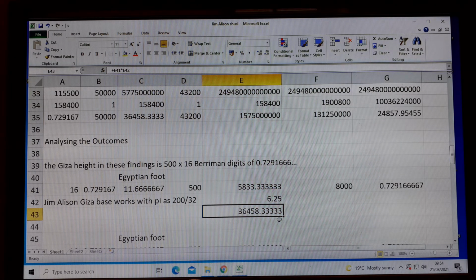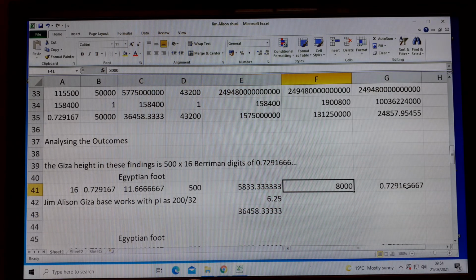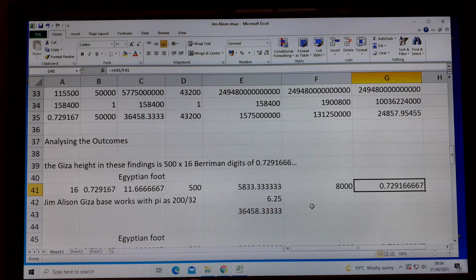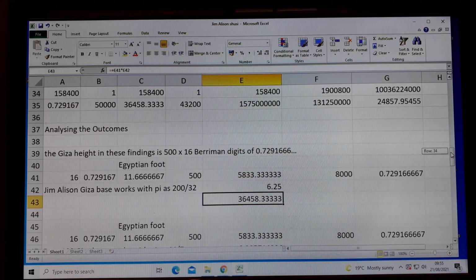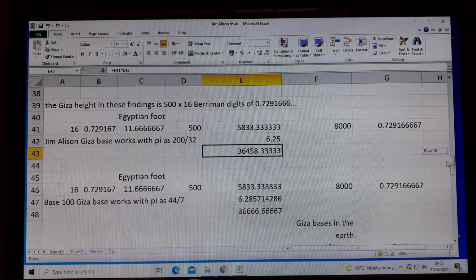And that's 8,000 units of 0.7291667. That is so important that we're using this unit to get that figure, because nothing changes for the next calculation except pi. And what we find is the Egyptian foot multiplied by 500 gives that height, 5833.333 recurring inches.